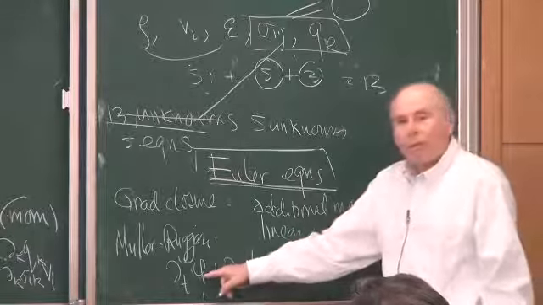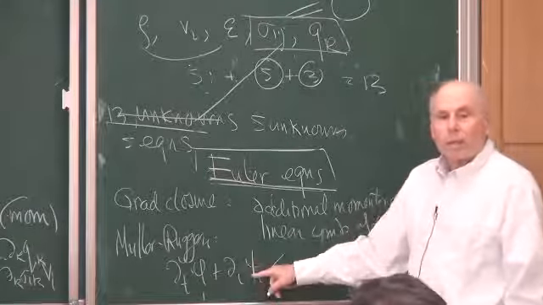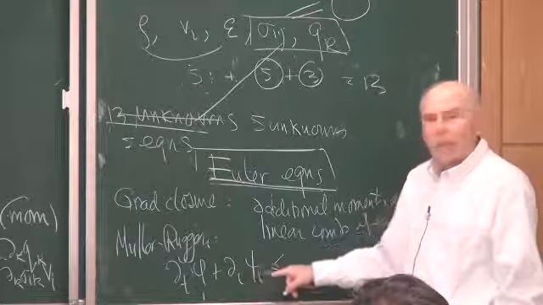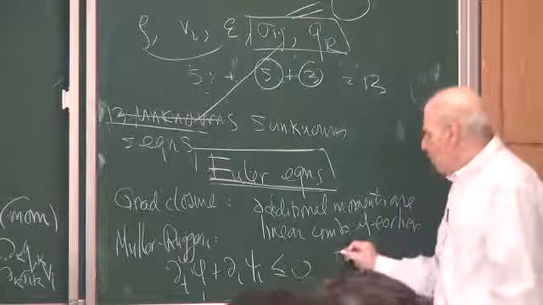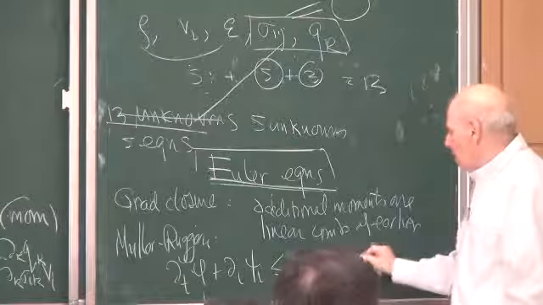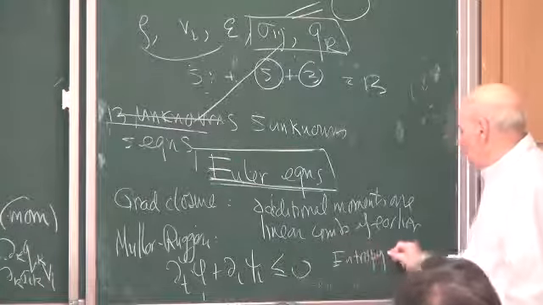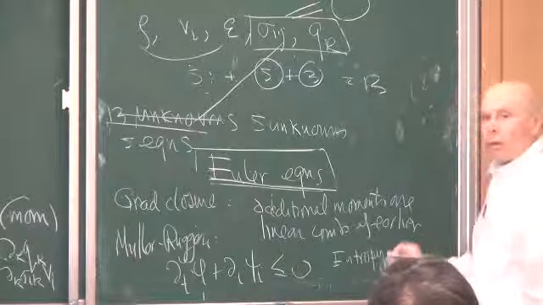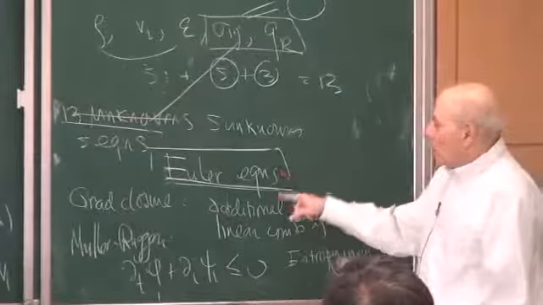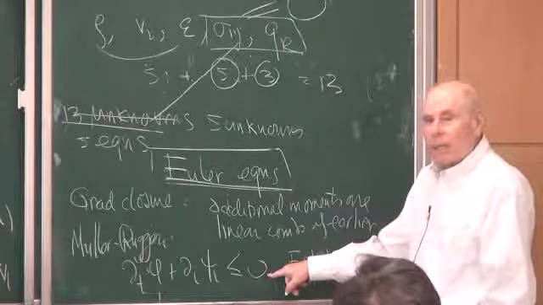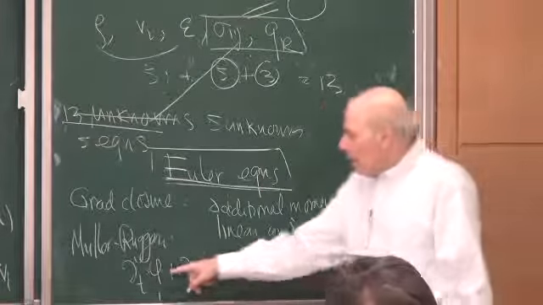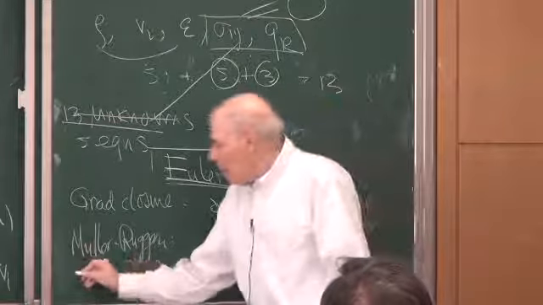So it's d/dt of phi plus the divergence of the vector psi is less than or equal to 0. In the language of PDE, this means you're enforcing an entropy inequality. So one way is just to do linear combinations. Another way is to enforce an entropy inequality, if you can do it and still make phi convex.